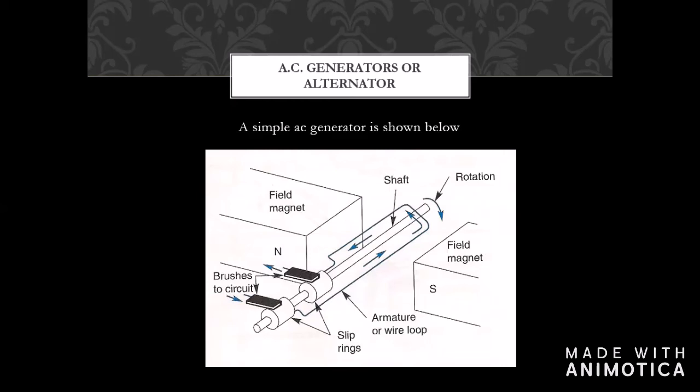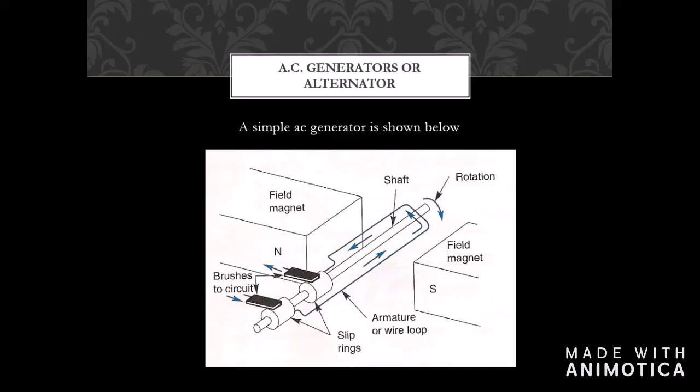Now, this is a basic look at the generator. Let me go over it again. The shaft is a metal rod that is used to rotate the armature or wire loop. If you put one conductor through a strong magnetic field, voltage will be induced in that one conductor.